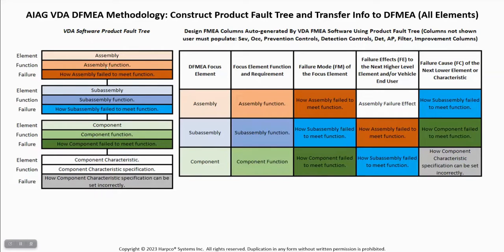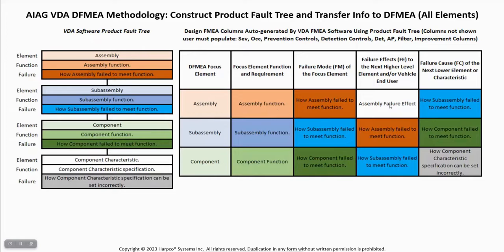So we take this first one. Here's our assembly. Here's our function. We go to the next level, and here's how we fail to meet it. Now we can't go up a function, so we have to fill this one in. We identify the impact of the assembly failure. But then to get the cause, we go down a level, which says how the sub-assembly failed to meet the function.